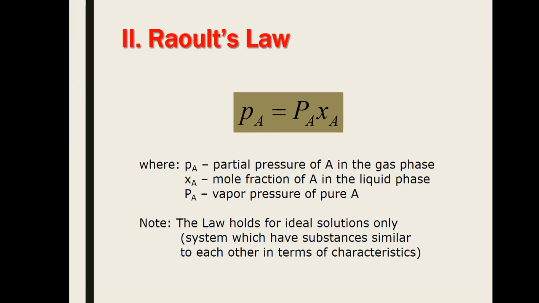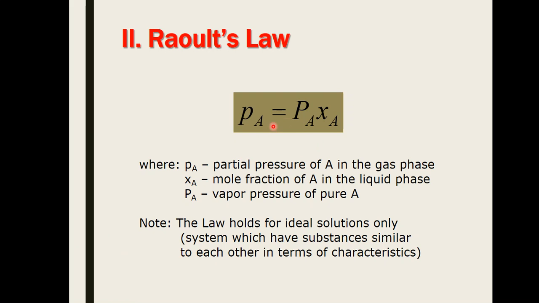In this particular formula of Raoult's Law, the partial pressure, the small p sub A, of component A is equal to the product of the pure vapor pressure of component A times the mole fraction of component A in the liquid phase.